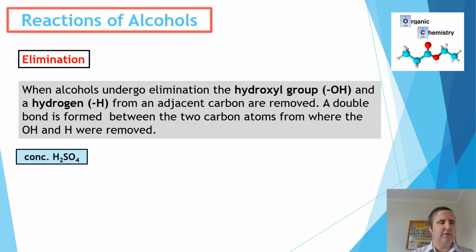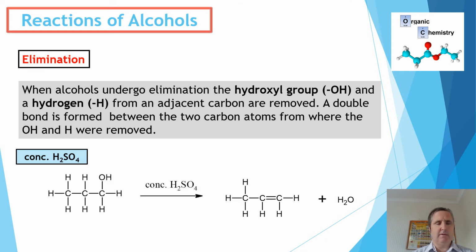Concentrated sulfuric acid is what I add to make this happen. Concentrated sulfuric acid has a huge affinity for water, so it will find and take water from anywhere it can. So if you add it to an alcohol, it's going to remove an OH from one carbon and an H from the next carbon. Here is our hydroxyl group.